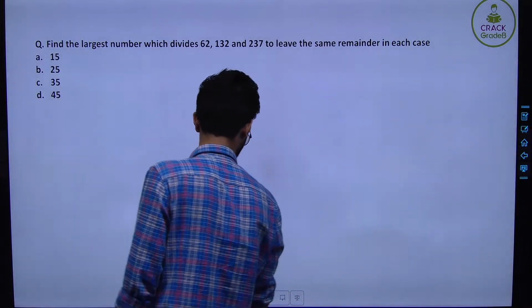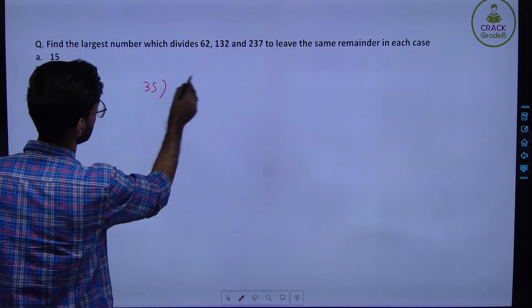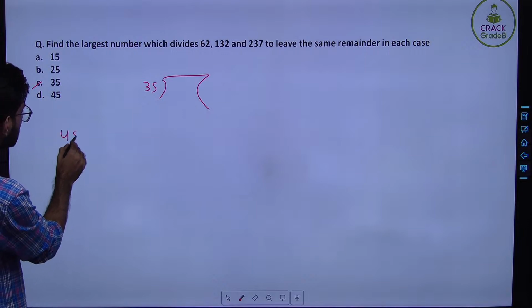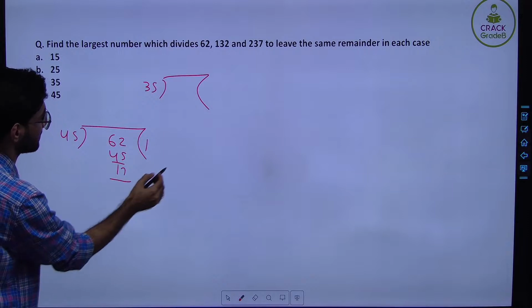So see, you can check by using the options. You can start by using 45. 45 into 62 leaves remainder 17.